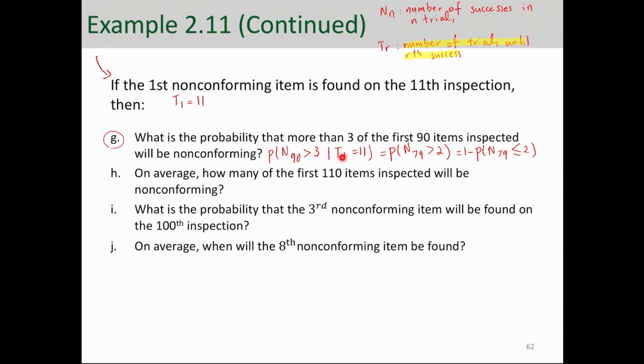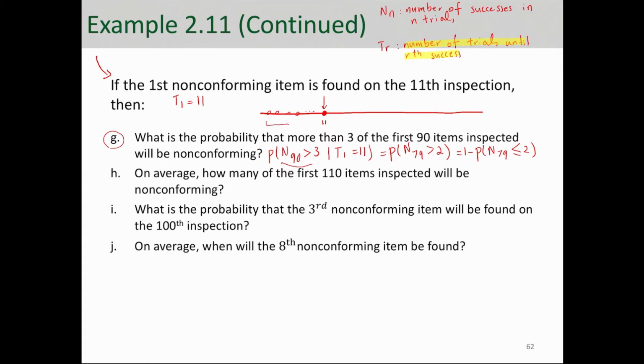To put this more graphically, let's say that you're inspecting these products coming out of the line, and every one of these is a product, and on the 11th you find the first non-conforming. You want to know the probability of seeing 3 non-conforming in total out of 90.